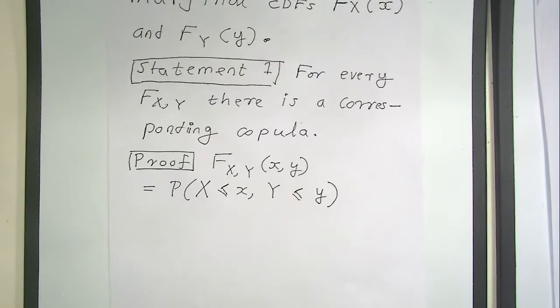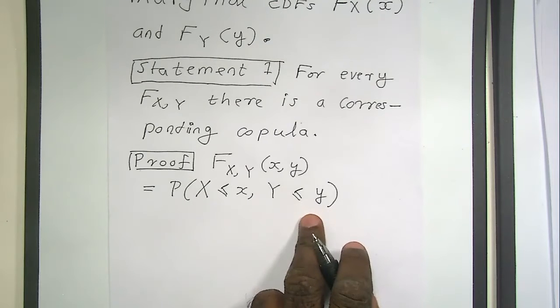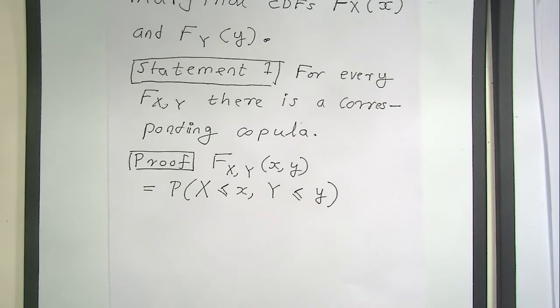This is the definition of the joint CDF of any bivariate random vector, right?